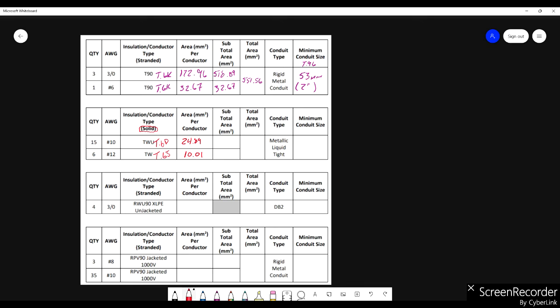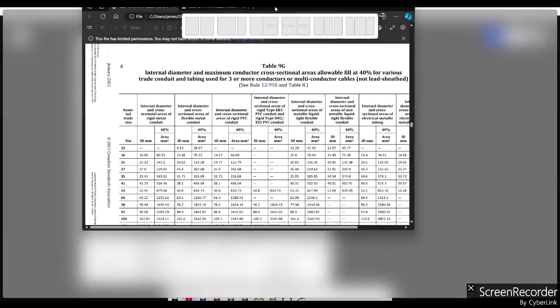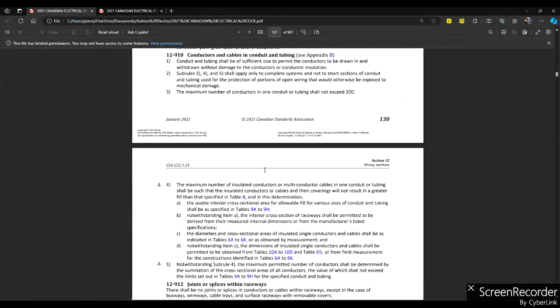You do the math, so this times 15, or just go under. Actually, this one might not have the option for 15. Let's go have a look at this one actually. So TW, table 6D. Where's my tables? Table 6D, I'll slide this over. Bounce around a little bit here.